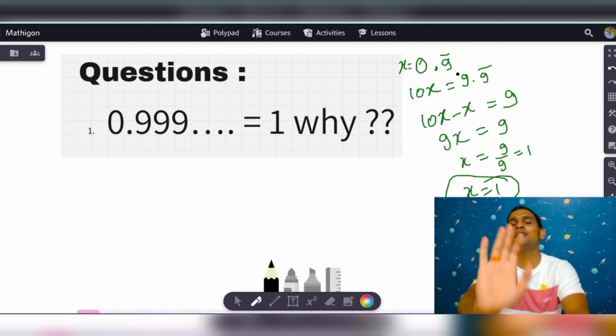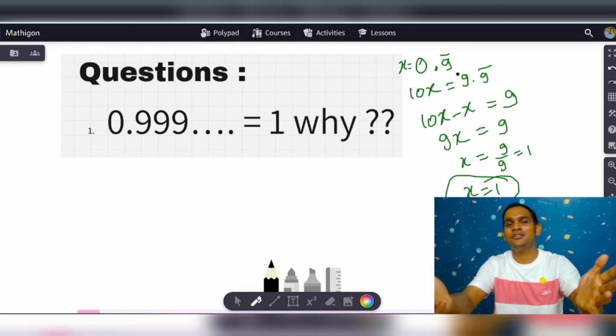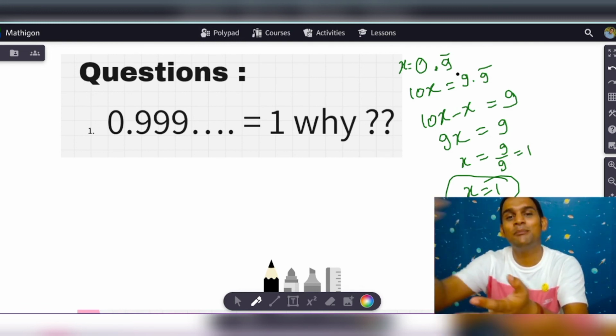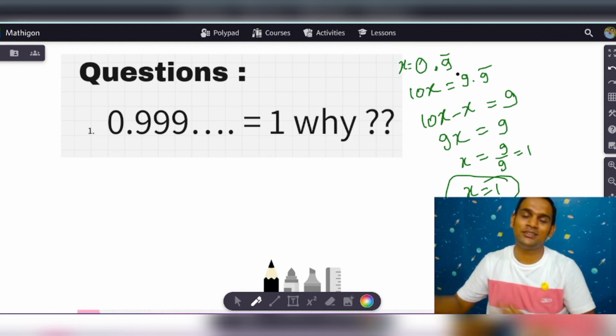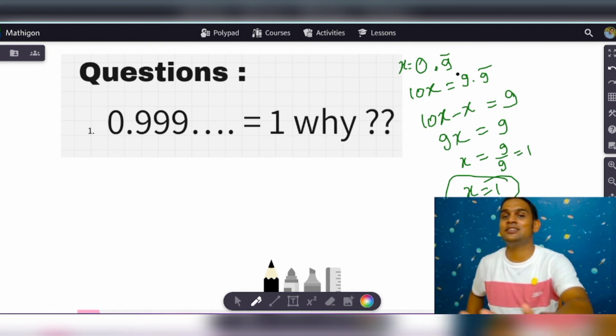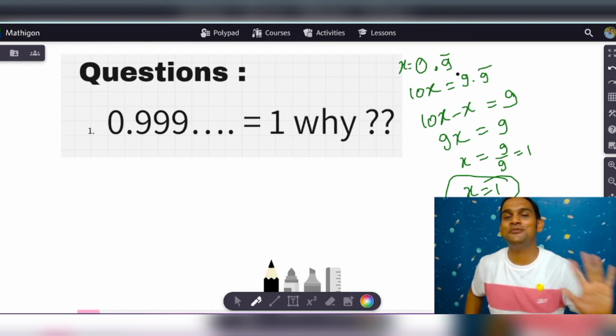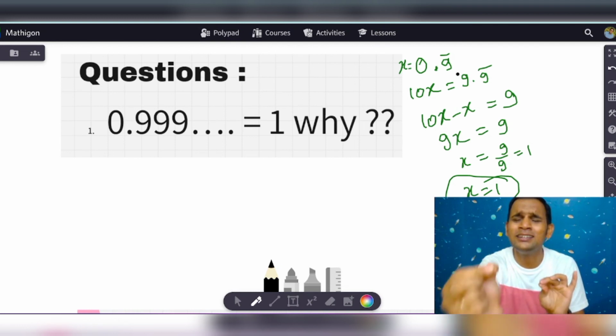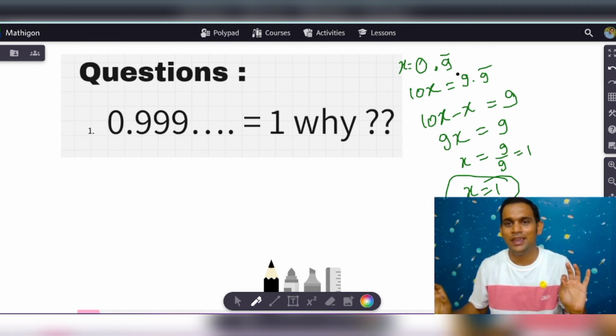Because infinity is just a concept. There is a concept in mathematics which says that the numbers do not end. That concept is infinity. Infinity is not a number, but in this process we are taking infinity as a number, and that is why we have a little bit of approximation.